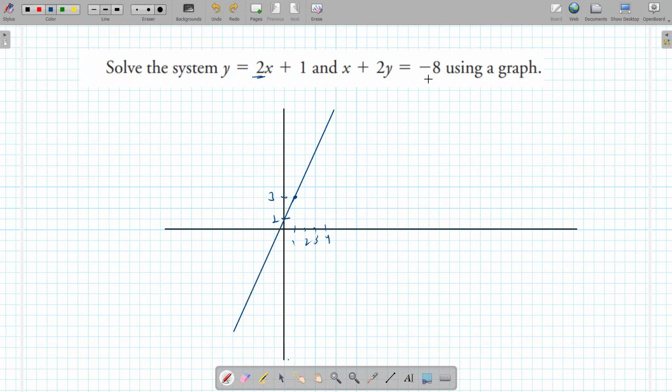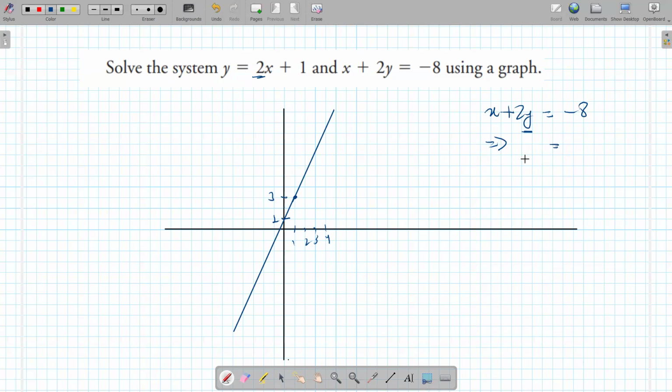So there's two ways to do this. You could either turn it into y equals mx plus b. So we have x plus 2y equals -8. What you do with this one approach is that you solve for y. So let's say I want to isolate y. I only want y on the left side of this equation.